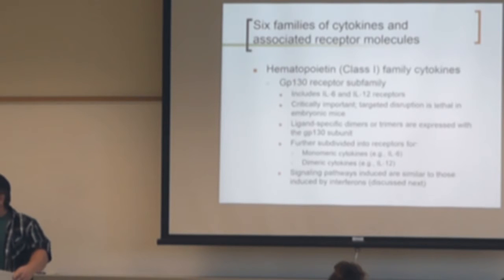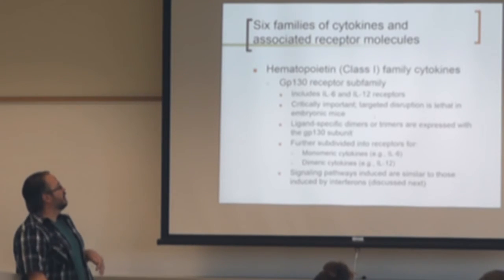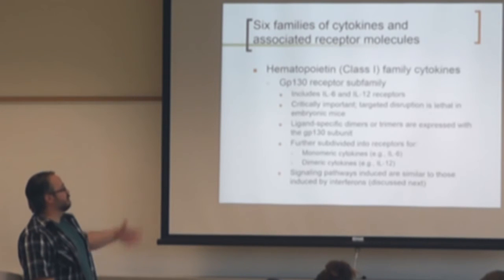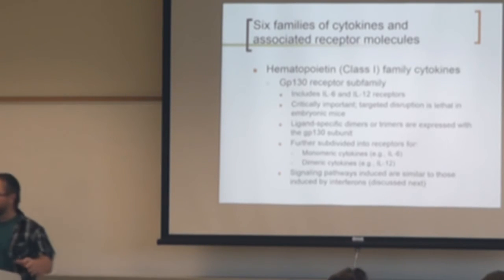GP130 receptor subfamily, including IL-6 and IL-12, these are really important because if you knock them out in mice, they don't survive, so they are involved in some very important processes in development as well.